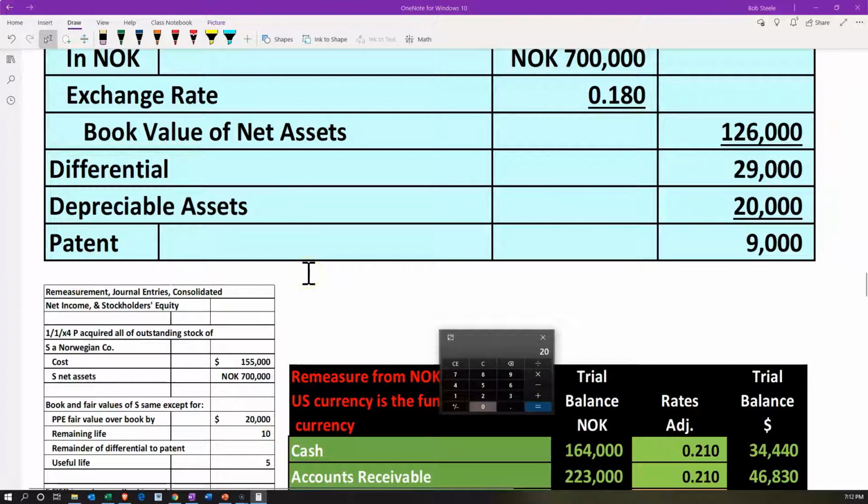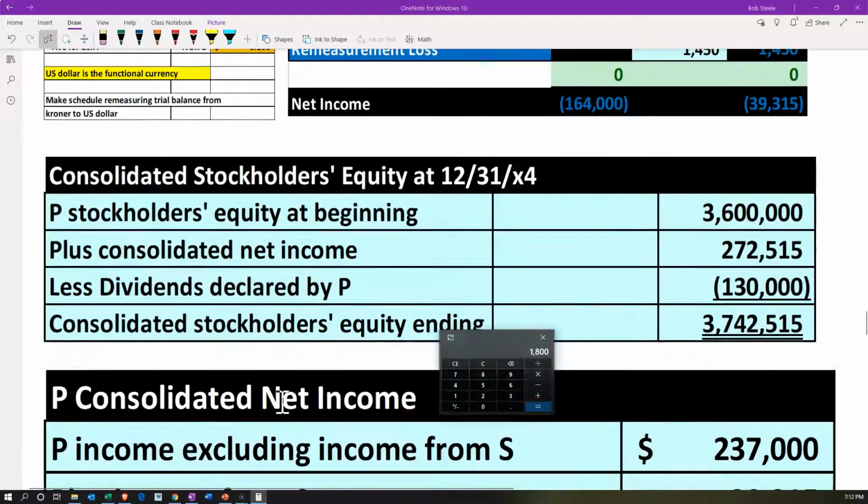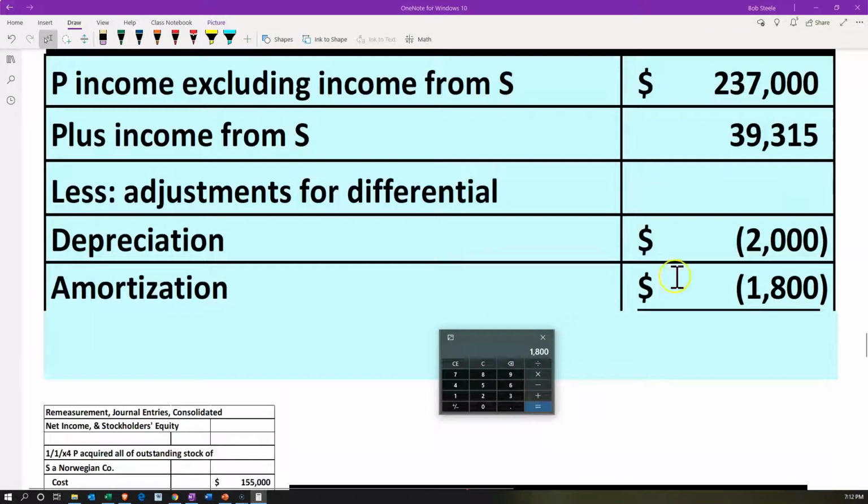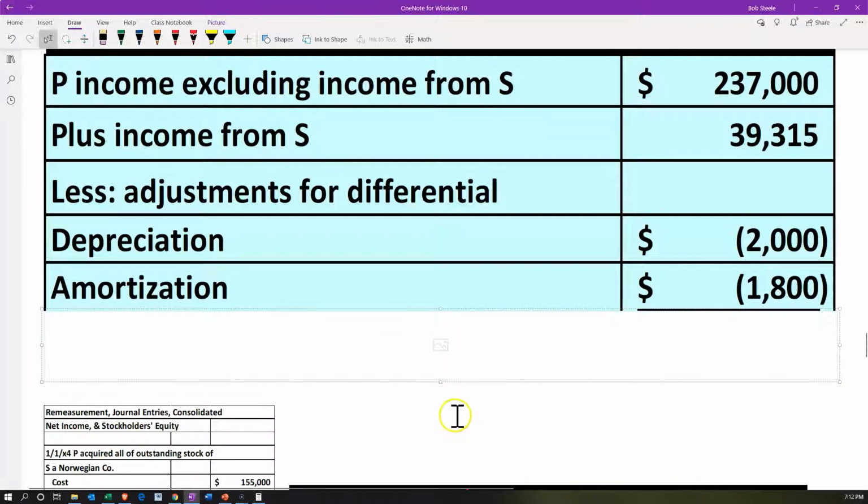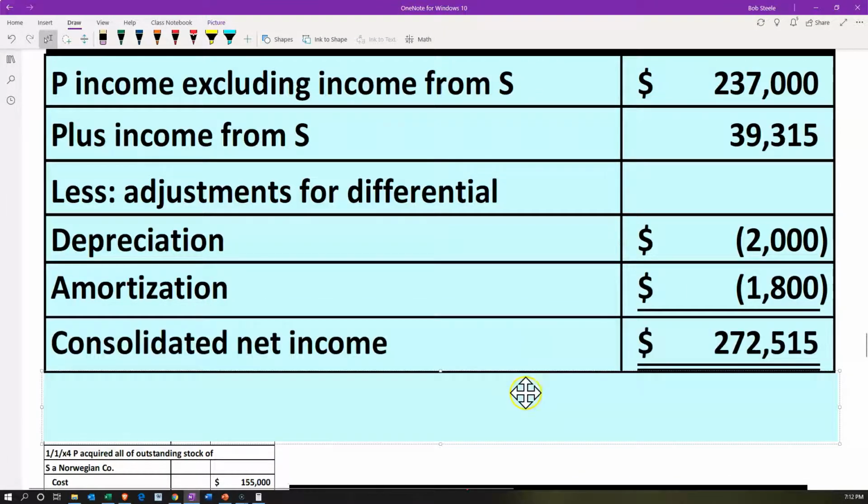So 20,000 divided by 10 is going to be 2,000 for the depreciable asset, and then we've got 9,000 for the patent divided by 5, the useful life there, so the amortization is going to be the 1,800. So if we scroll on down there, we got the minus the 2,000 and the 1,800 for the depreciation and the amortization.